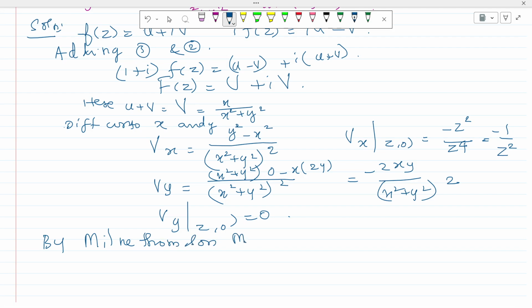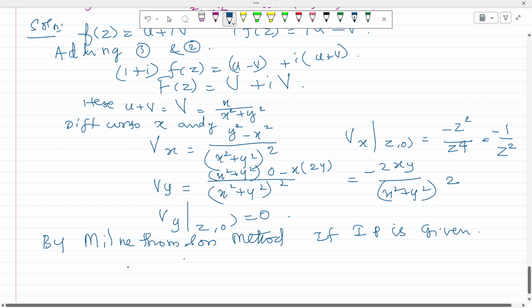By the Milne-Thomson method, if the imaginary part is given, what is the formula?